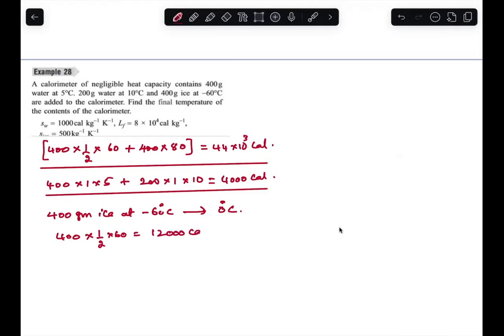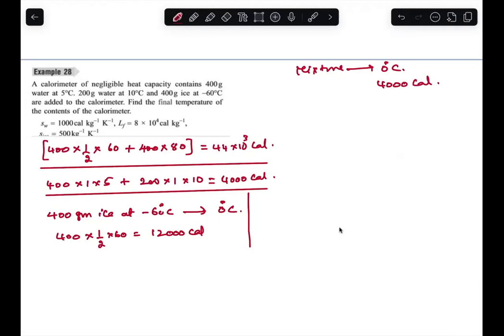Hold on aside. Meanwhile, what is happening is the losing part. Already we have done the mixture; the total mixture will come down to 0 degrees centigrade by losing only 4,000 calories.